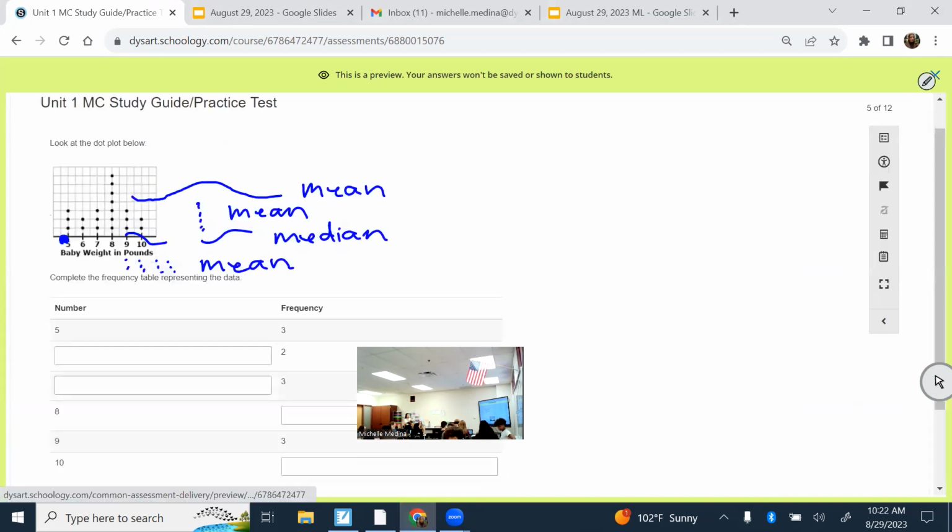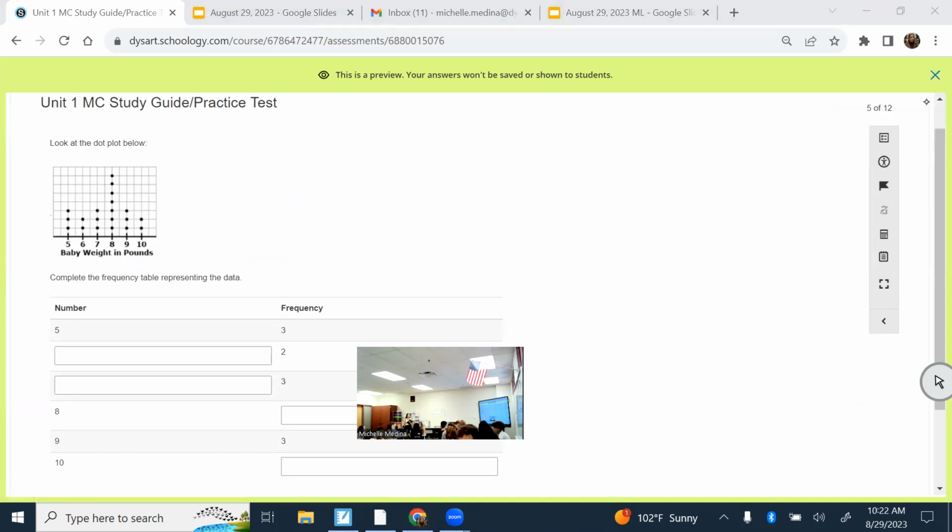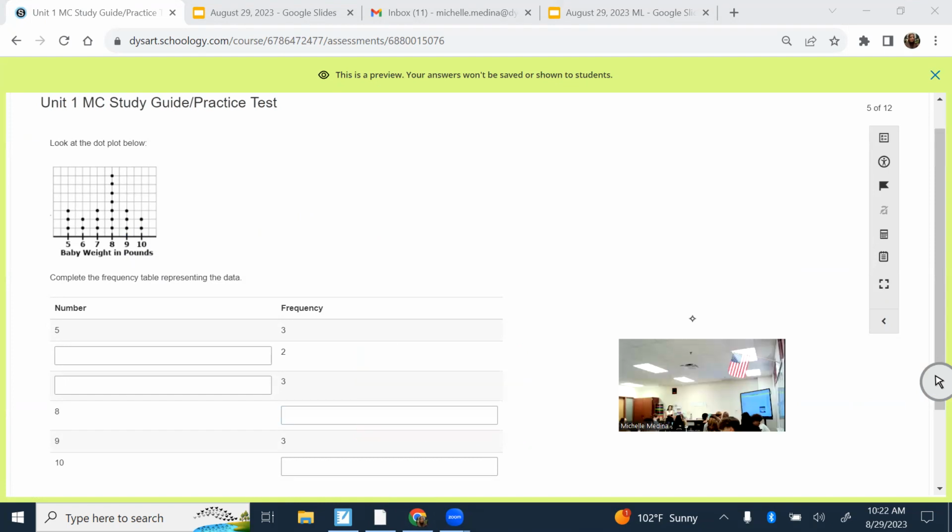All right, so number 5. Look at the dot plot below, and we're completing a frequency table. So what are frequency tables, class? What does frequency mean when we're talking about data? It would be the y-axis if it was a histogram, yes?